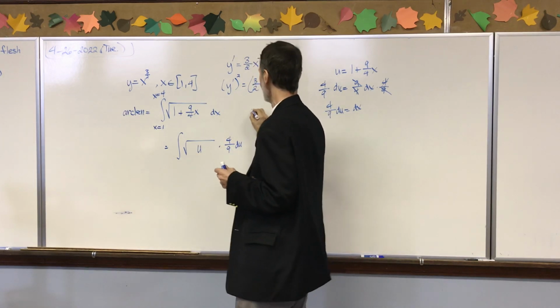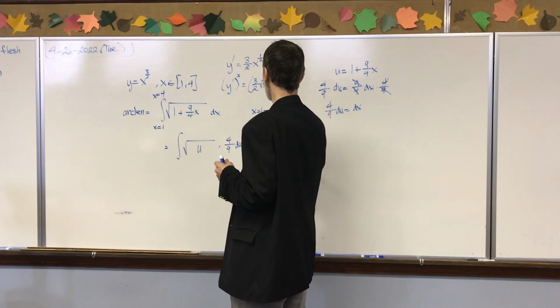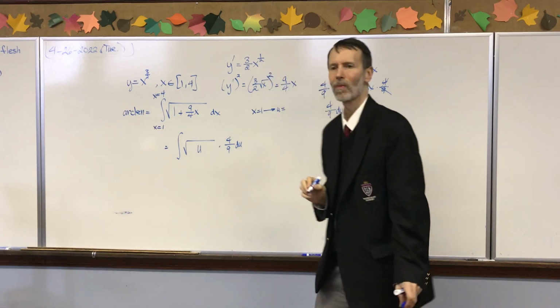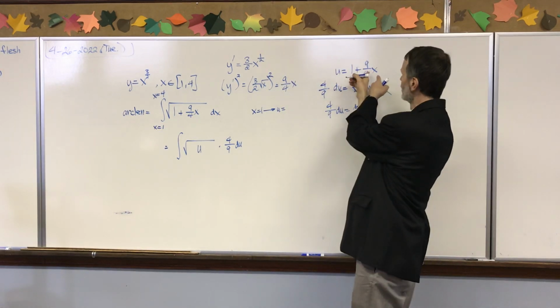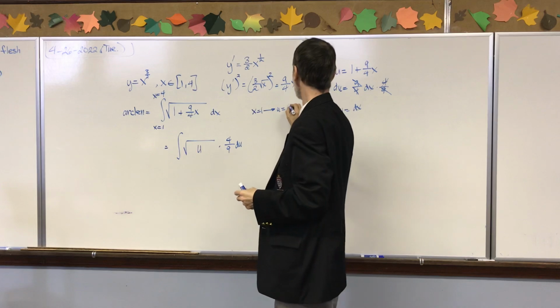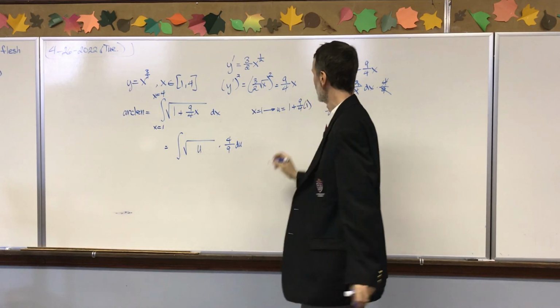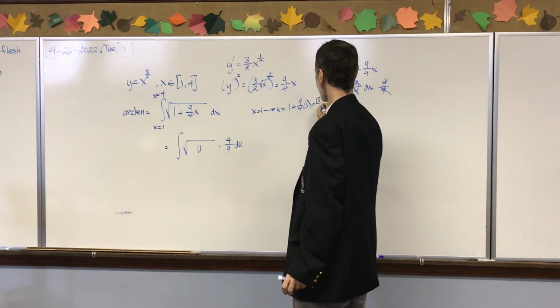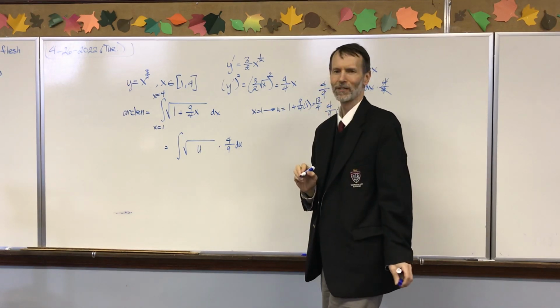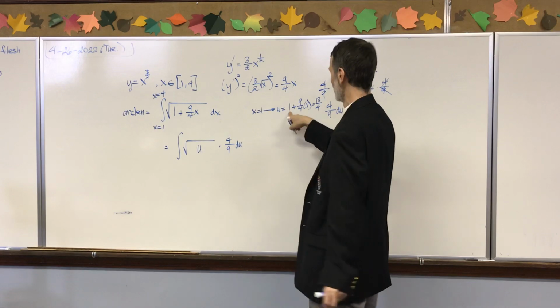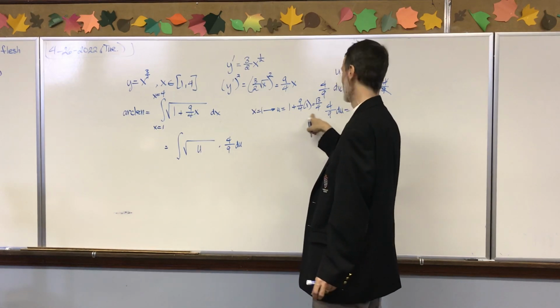So let's find out. If x is equal to 1, what's u? It's 1 plus 9/4 times 1. So it'd be 13/4. Does that make sense? This is 4/4 and 9/4, 13/4.